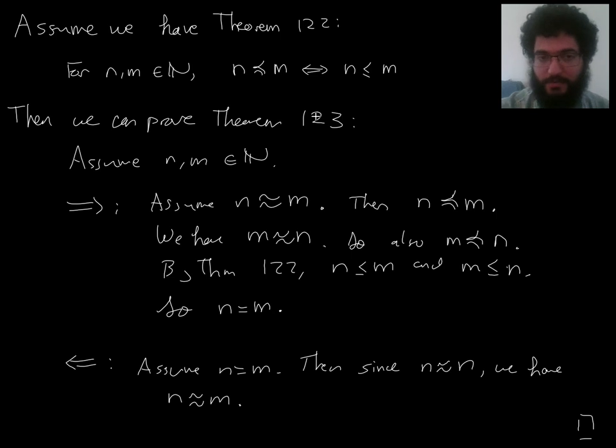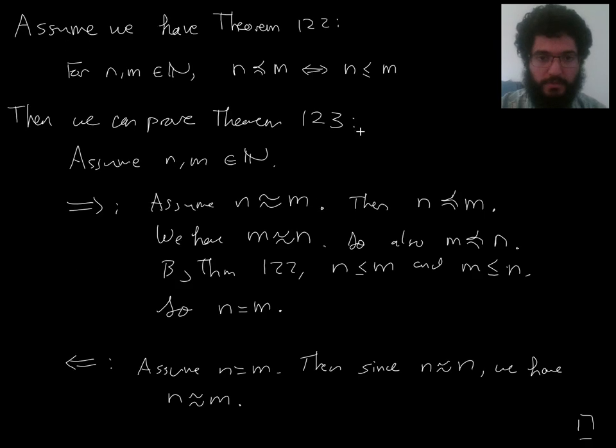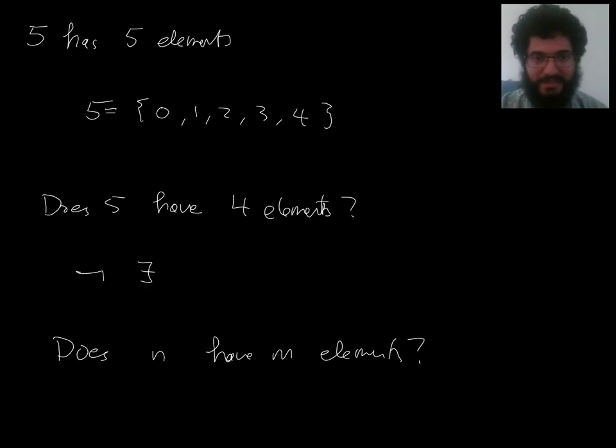And does 5 equal 4? No, because 4 is less than 5. And the trichotomy law says that you can't be less than something and equal to it at the same time. So theorem 123 definitively answers these questions.